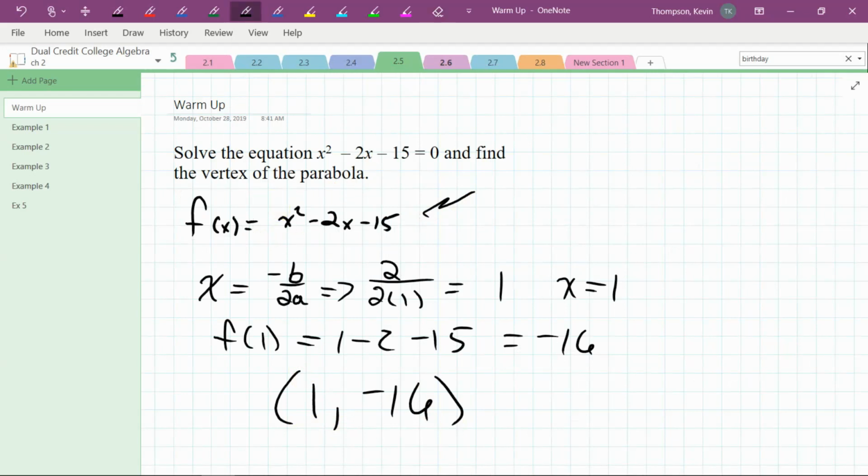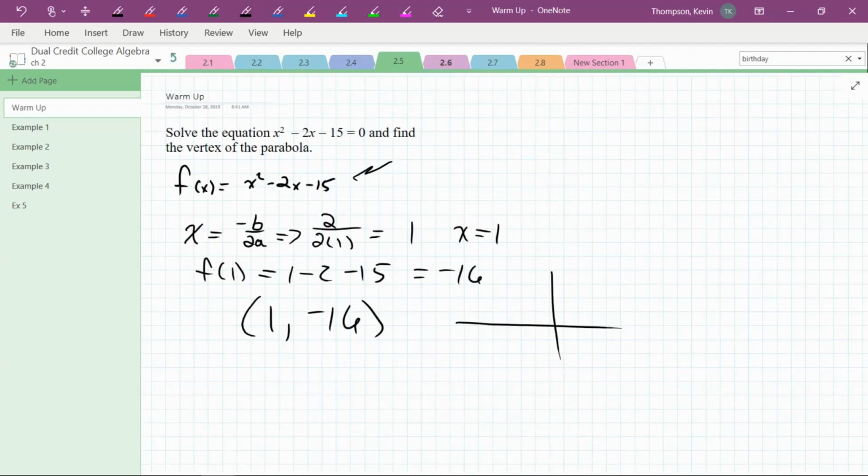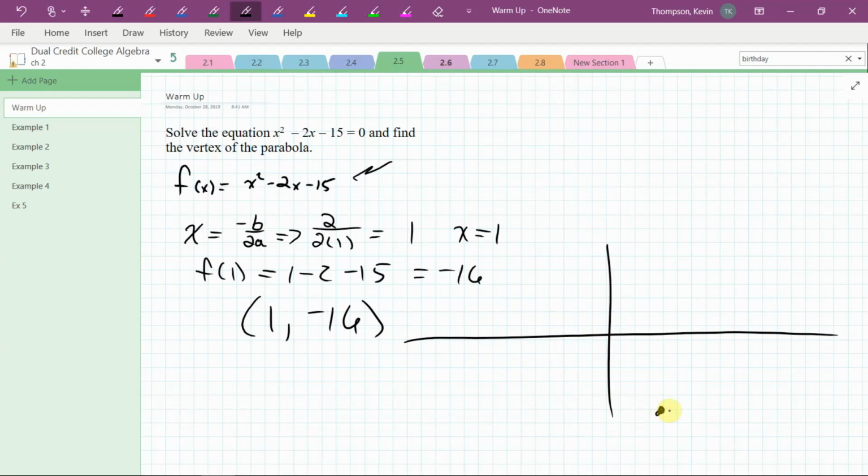Positive leading coefficient here. So if we think about that point (1, -16) and a parabola that is opening up, it's got to cross the x-axis somewhere. In fact, it has to cross twice. There's no other option for that.